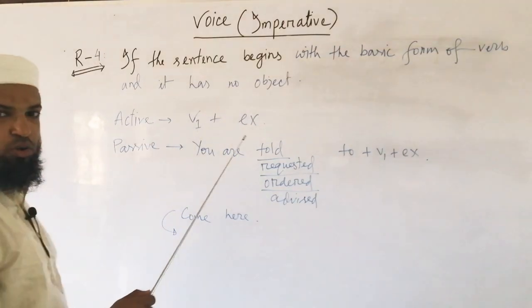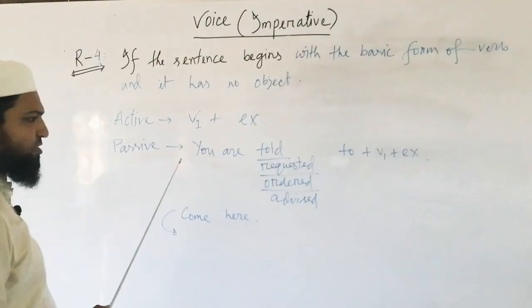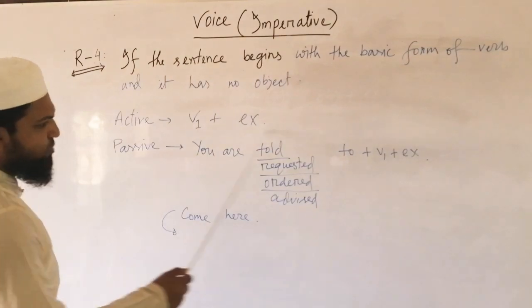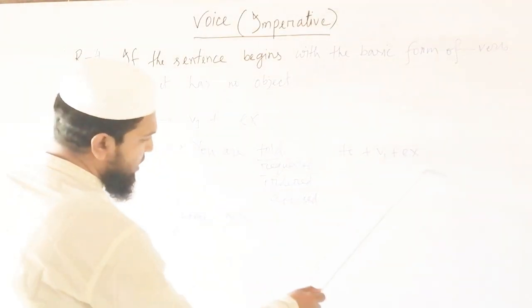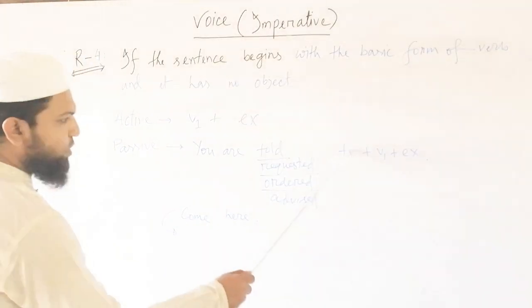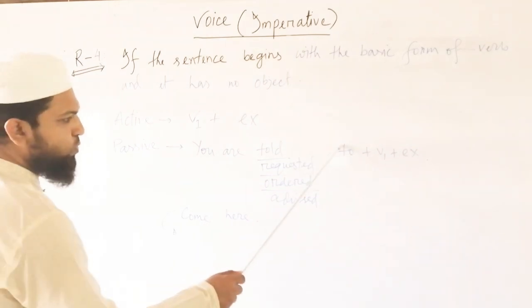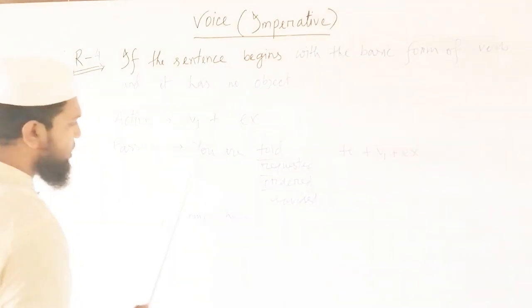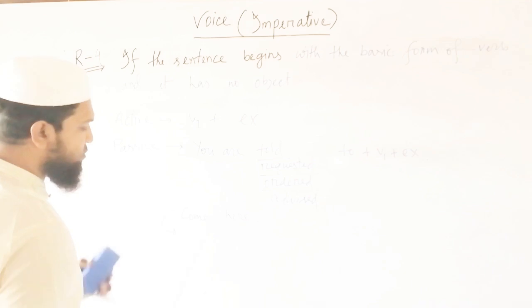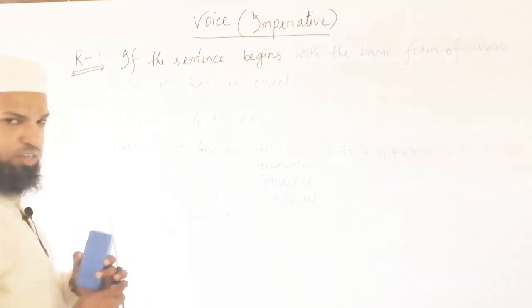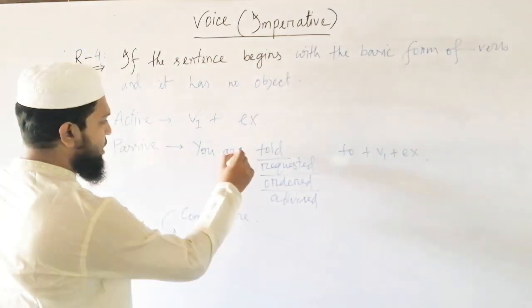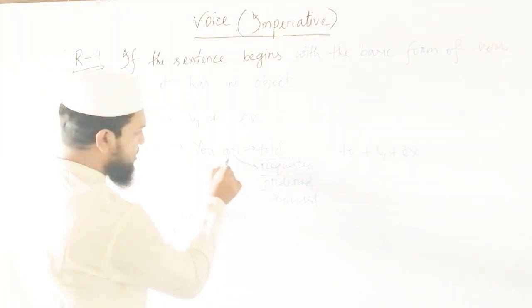There will be no object here. Then passive. To make it passive, I will write verb 1 extension at the end of the sentence, but before it I will write you are told to, you are requested to, you are ordered to, you are advised to. Okay, do you understand?